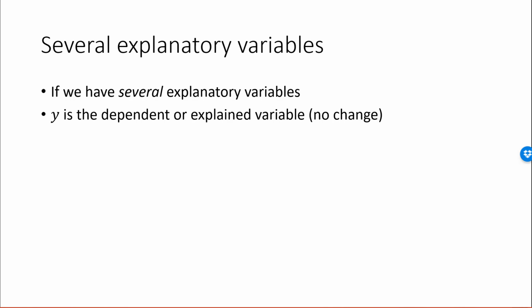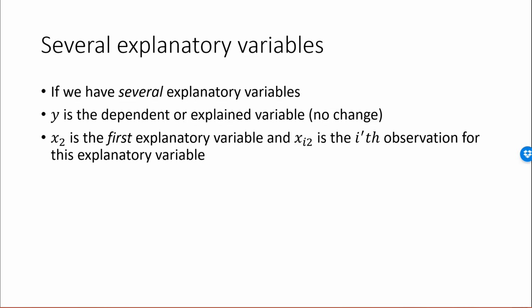So we'll do something that will seem a little bit weird at the beginning, and that is we will call the first explanatory variable x2 and not x1. It will become clear later on why we do that.